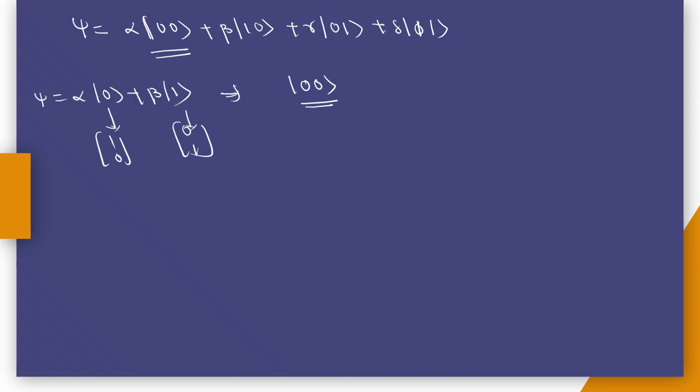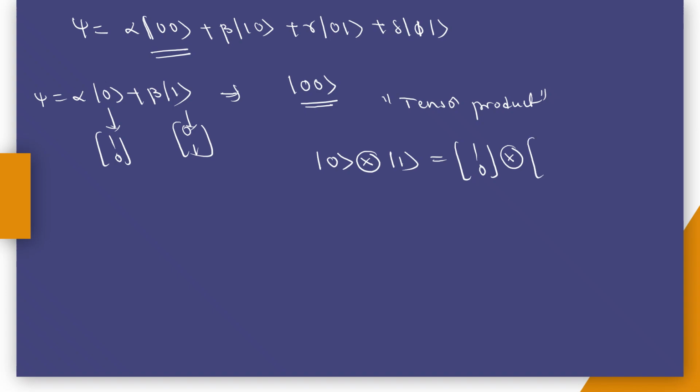In the case of multiple qubits, we use the tensor product to find the mathematical values related to the multiple qubit system. For example, 0 tensor product with 1. The 0 state is related to 1 0 and the 1 state is related to 0 1.